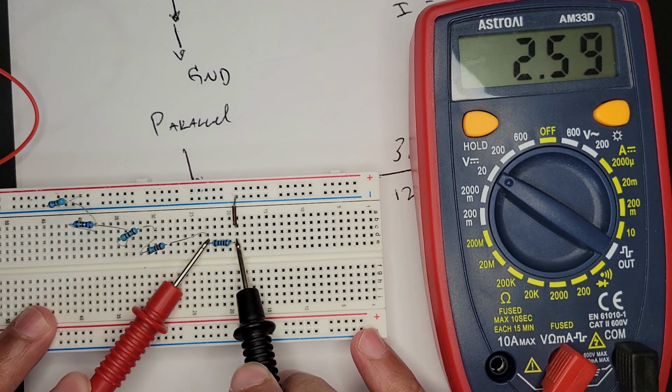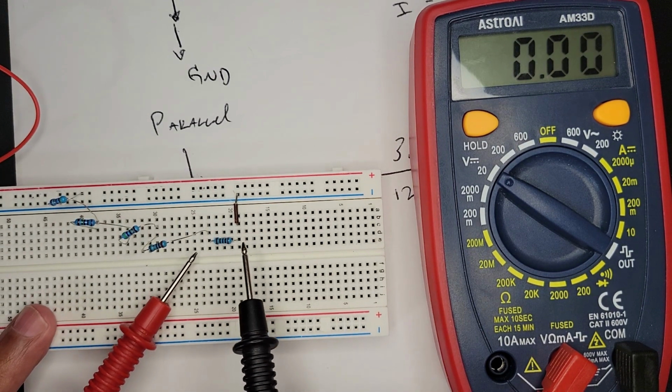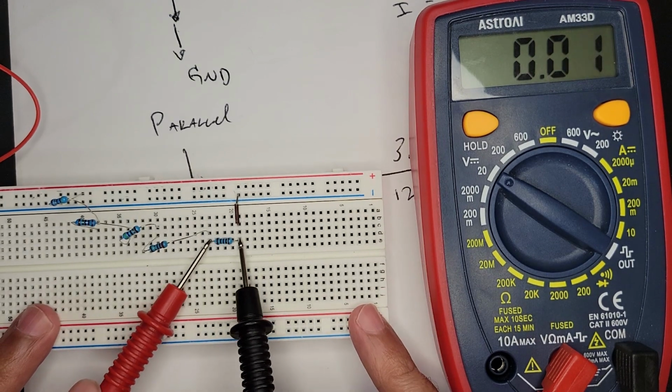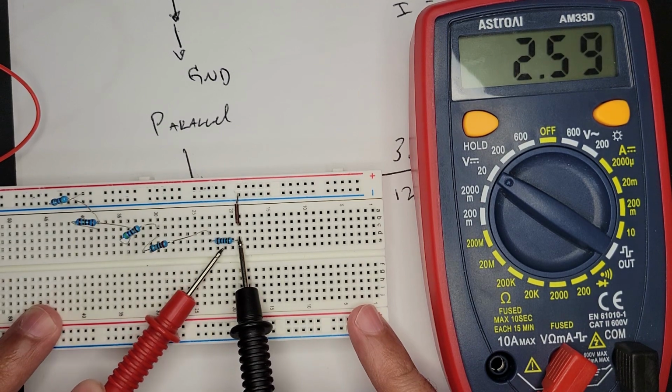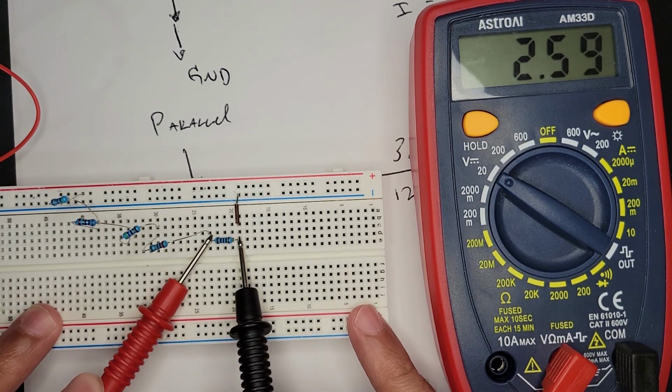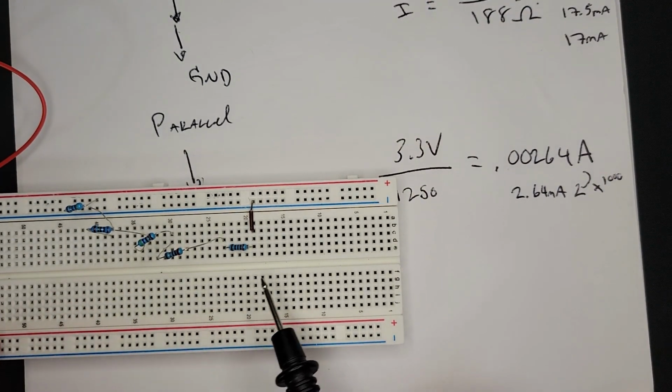So we have 2.6, and again, to get the current, we take a known resistor. In this case, we know this is 1000, and we just measure the voltage across it, and that's 2.6. And we know that 2.6 divided by 1000 is 0.0026, which is 2.6 milliamps. And that matches nearly perfectly what we predicted would be in this entire circuit.